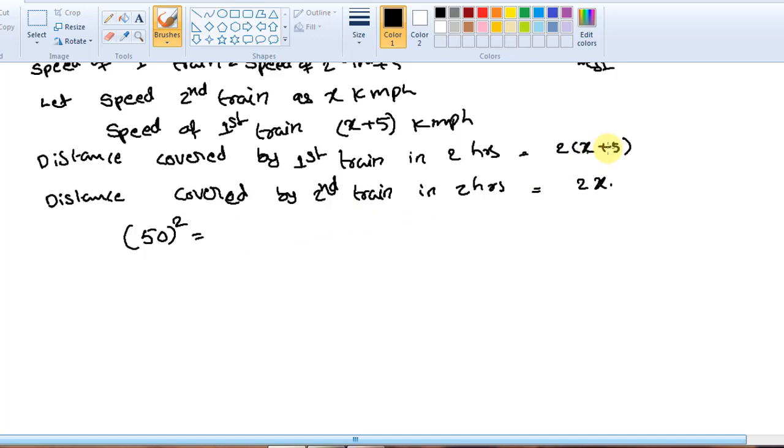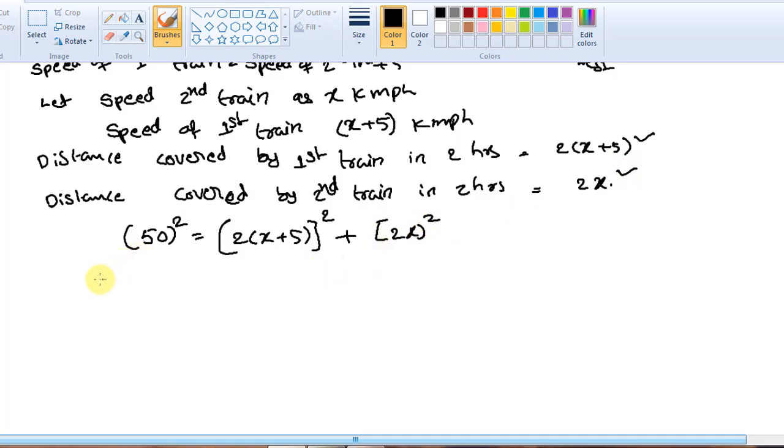That means the distance covered by the first train in the 2 hours, that is 2 times of x plus 5, base square, plus height square. Height is what? The distance traveled by the second train in 2 hours, that is 2x whole square.